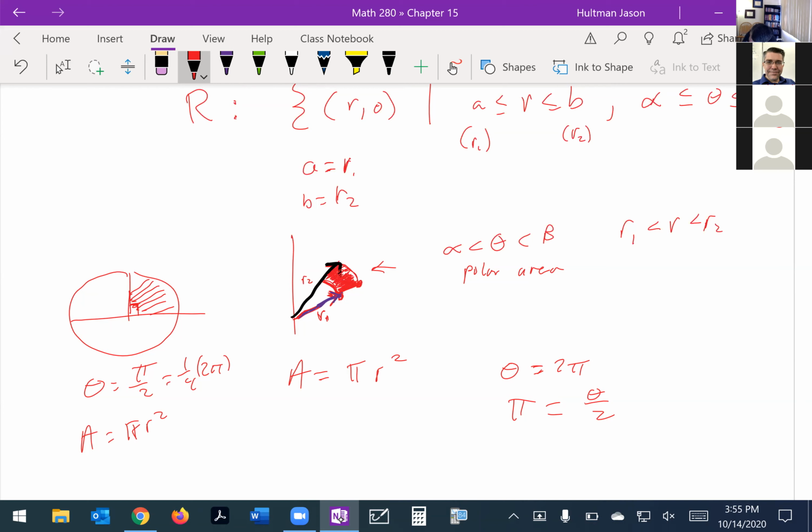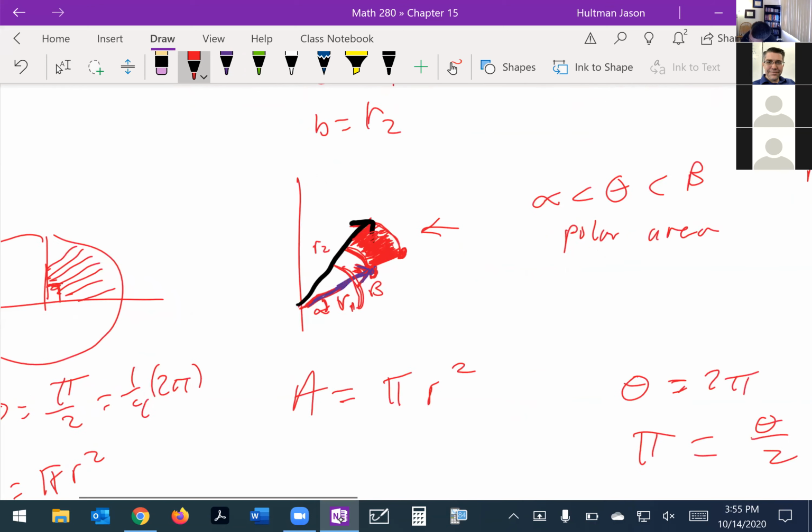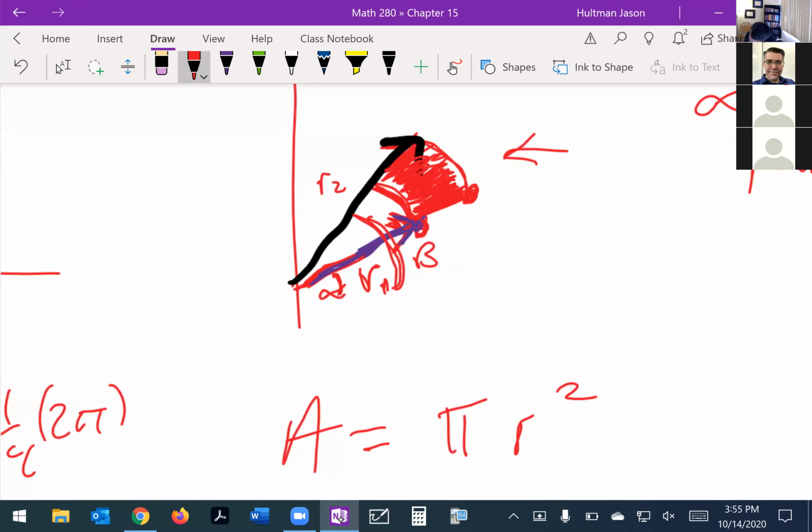Okay, as I sweep the angle, what's this angle here? That's alpha. What's this angle here? That's beta. So I'm going from an angle alpha to an angle beta, and maybe I should zoom in on this. I'm going from an angle alpha in purple to an angle beta in black. Maybe I'll color code these.